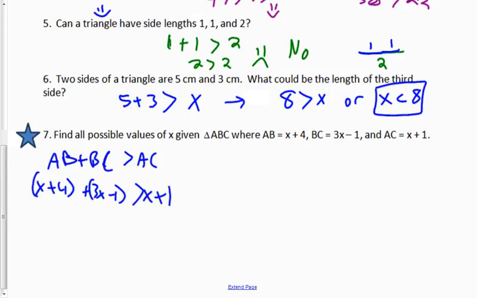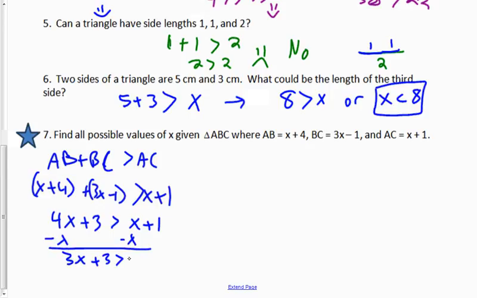All right, I know that looks kind of sloppy, but if we were to combine some things and solve this, on the left side we'd have 4x plus 3 is greater than x plus 1. I'm going to subtract x from both sides. We have 3x plus 3 is greater than 1, minus 3 from both sides.